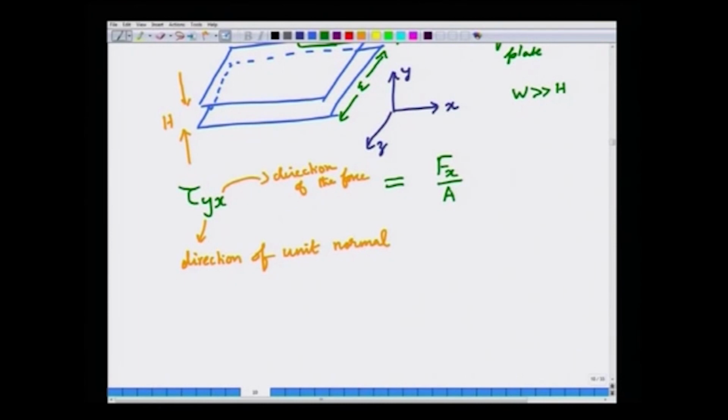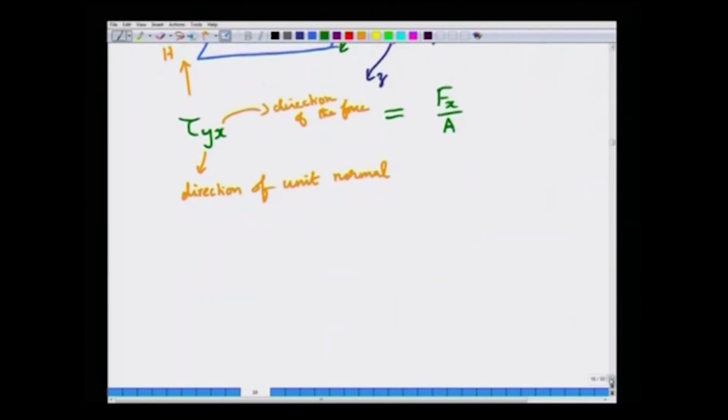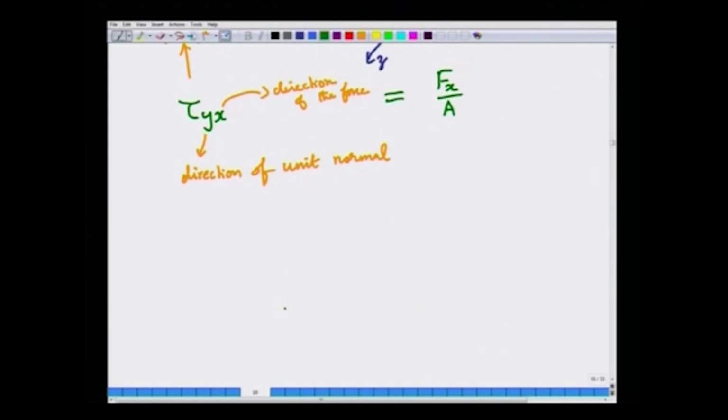Now, if I keep an elastic solid, and since I have told you that the third dimension is irrelevant, now we can just take any cross section along the z axis and look at the material. So, we are now going to just stick to only the x y direction in the x y plane.